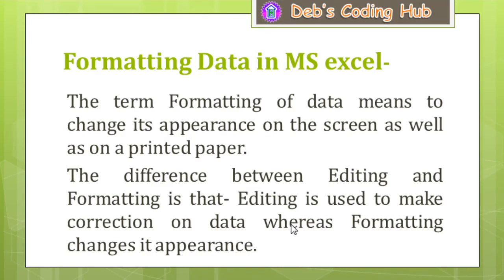That means if I print that particular sheet's data, I'll be able to see that format or change in appearance. The difference between editing and formatting is that editing is used to make correction on the data, whereas formatting changes its appearance. So formatting is all about changing the appearance of data.